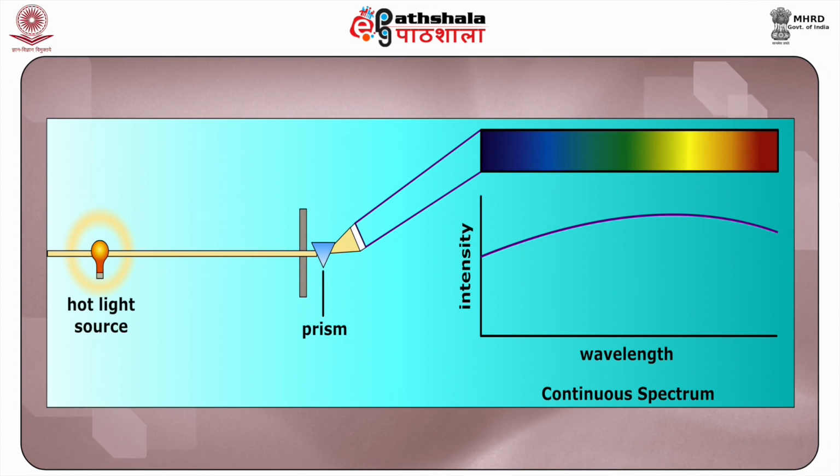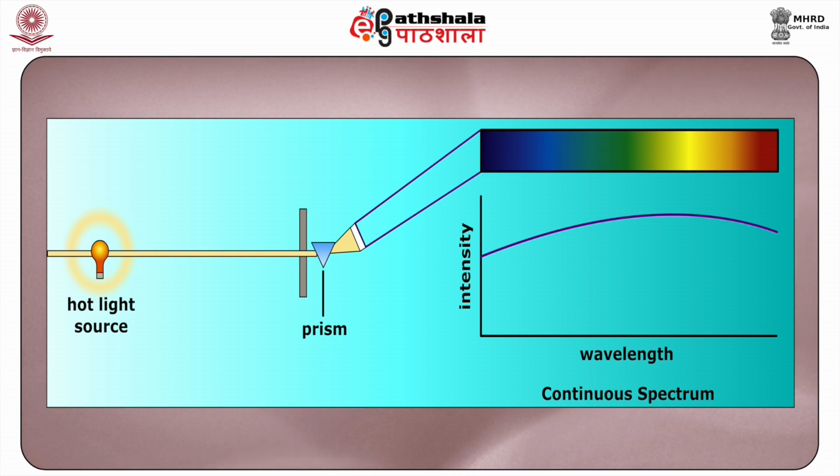The continuous spectrum for a substance is obtained when the molecules of the substance are thermally excited by providing a large amount of heat. For example, when solids such as iron, aluminium, carbon are heated up to the extent that they start blazing.